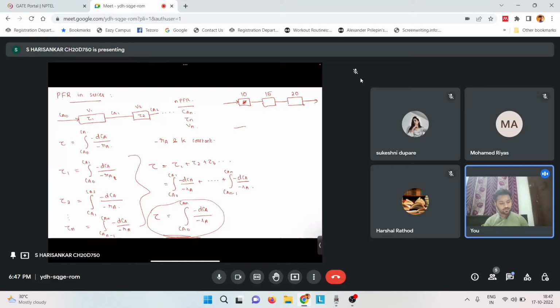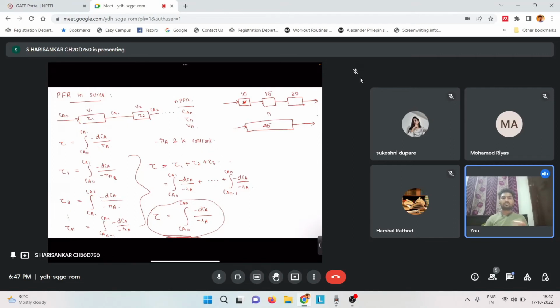This is equivalent to you having a PFR which has the total volume: 10 plus 15 plus 20, that is 45. So these two are the same. That is what this equation denotes. If you have multiple PFRs in series, that is equivalent to having one large PFR whose volume is the sum of all the small PFR volumes.